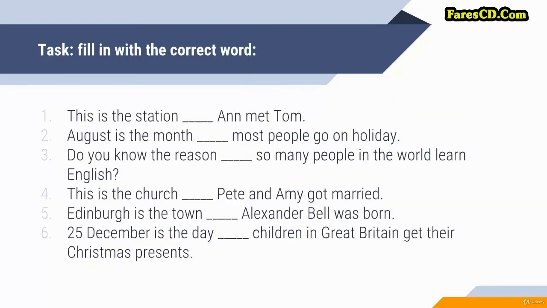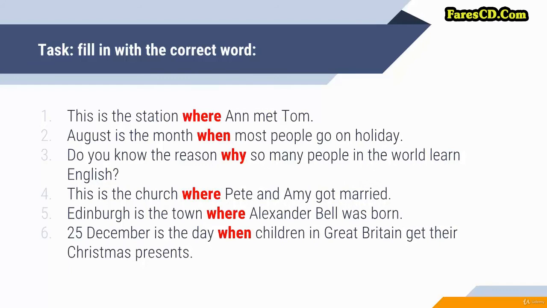Next one. Fill in with the correct word. This is the station, place, where we met in town. August is the month when most people go on holiday, time. Do you know the reason why so many people in the world learn English?